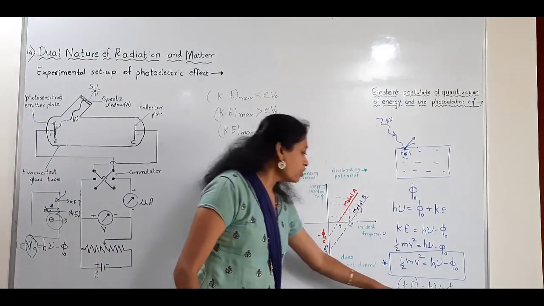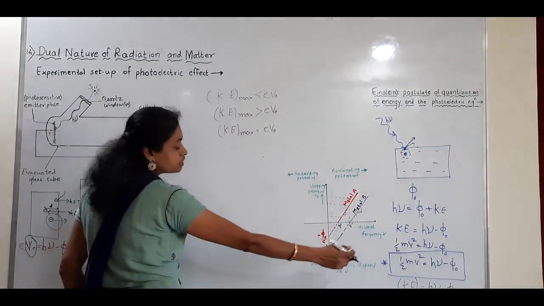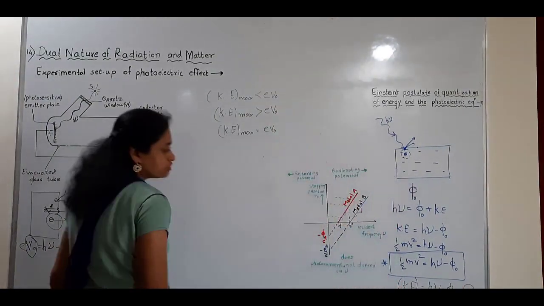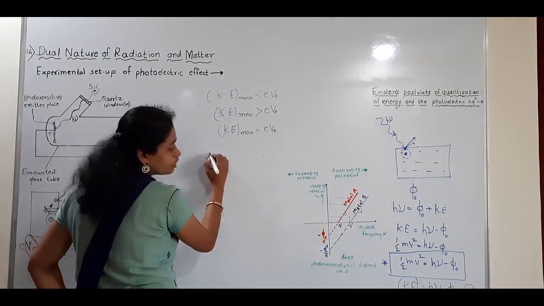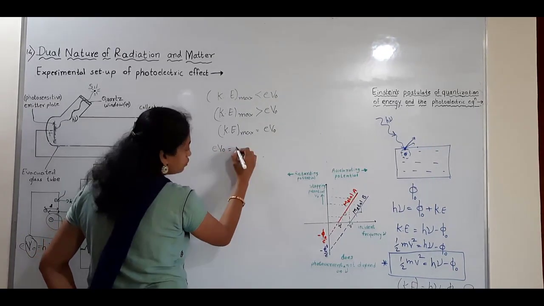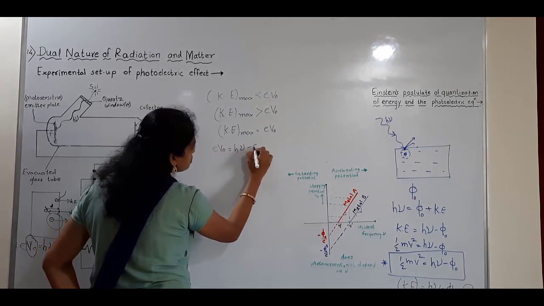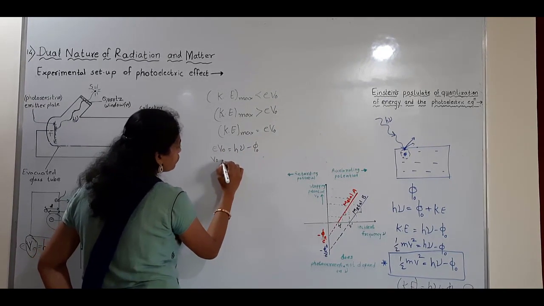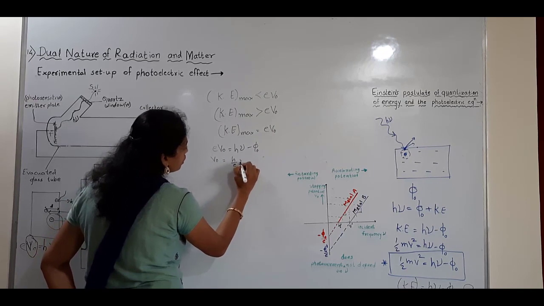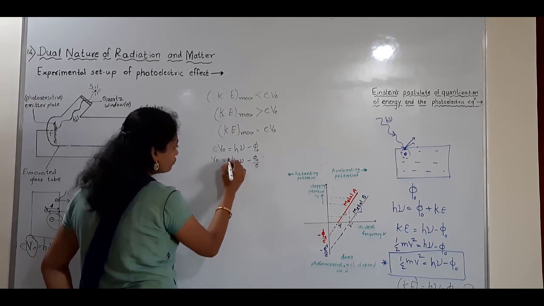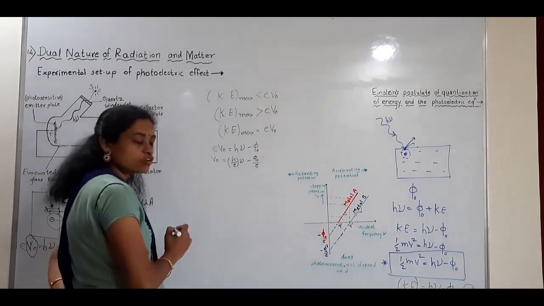Putting this value of maximum kinetic energy in the photoelectric equation, it becomes eV0 equals h nu minus phi 0. Rearranging, you get V0 equals h upon e times nu minus phi 0 upon e, where h upon e is a constant.